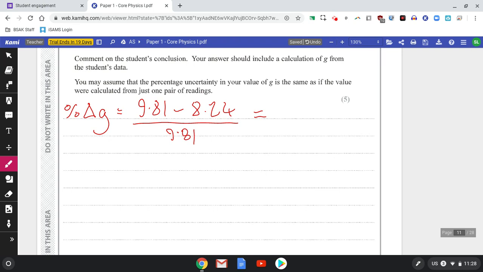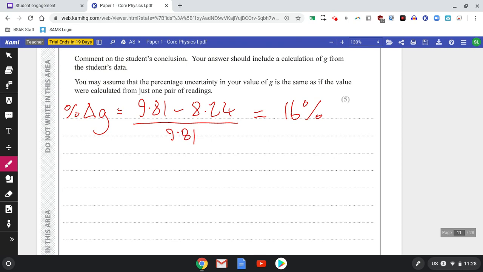So we have a percentage difference of 16%, which is not bad. It's not brilliant. Now we need to work out from our estimations of uncertainty what our uncertainty in g would be, and then make a comparison with our percentage difference. That's how you evaluate a practical. That's how you conclude whether the practical is good or not.